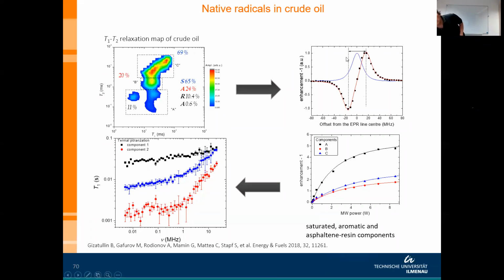Then if you do the DNP experiments, you see here solid effects basically associated with the asphaltenes. And then you see here the curves as a function of the power.